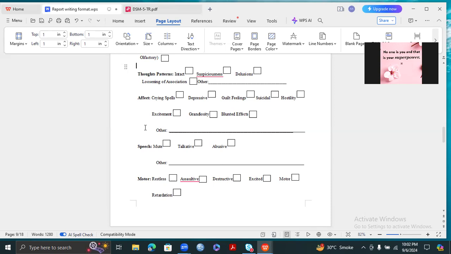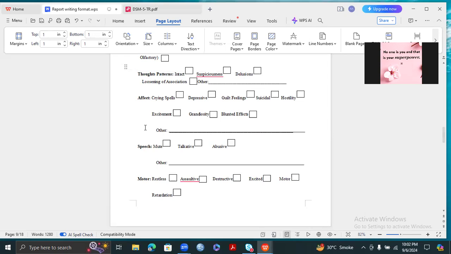Then comes affect. Affect is actually the synonym for the mood, right? So you have to find out if his mood is depressed, if he's feeling a bit guilty right now. Is he having some kind of suicidal mood sometimes? Patients feel some kind of injurious urge toward themselves and they don't know how to express that. All right. Sometimes their mood is a bit hostile, right?